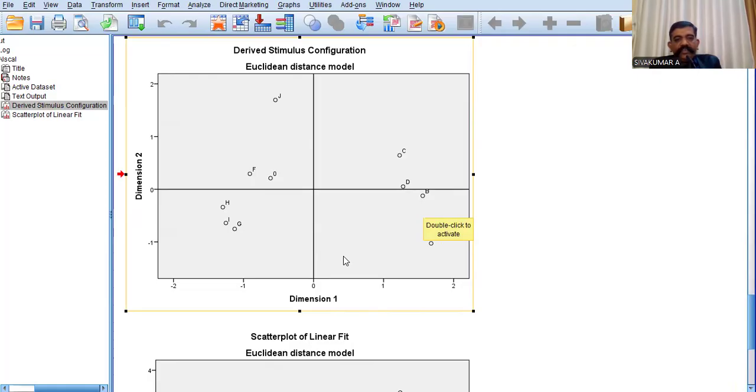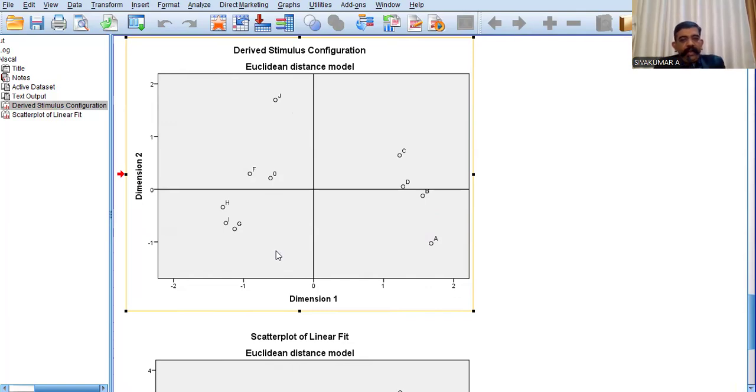Likewise, as far as dimension 2 is concerned, J is on one side, then Q is on the other side, just opposite. As far as dimension 2 is concerned, both J and G are just opposite.